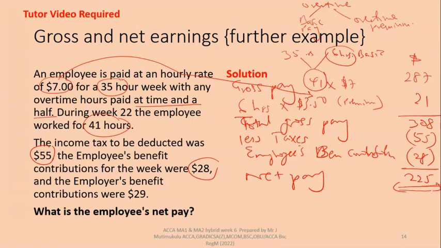So this figure here was just to trick us, this statement, because when we talk of the employee's net pay, we are not worried about what the employer is going to chip in on the employee's behalf. So we are not going to consider the employer's part. So that's the computation there.